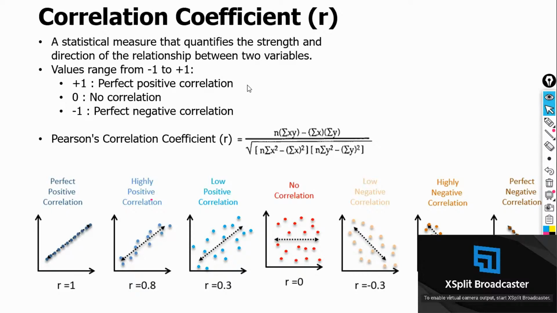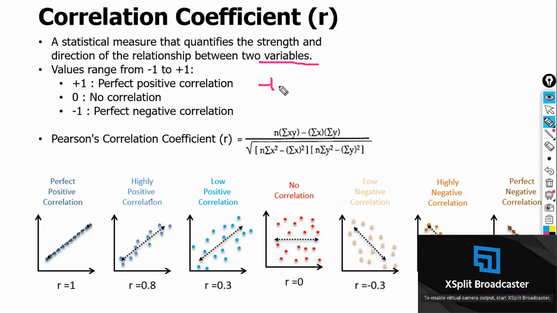What is the use of calculating small r? It finds the relation between two variables. Simple. Small r gives the relationship between two variables.